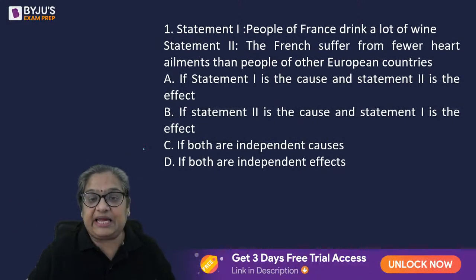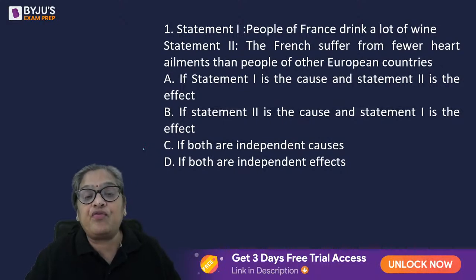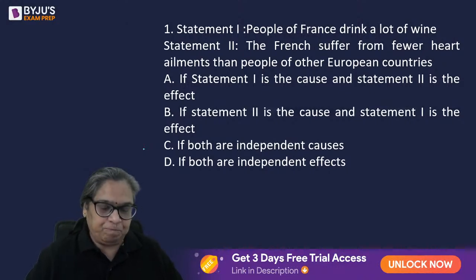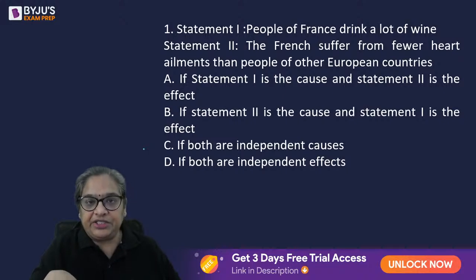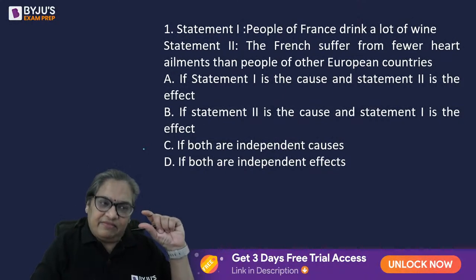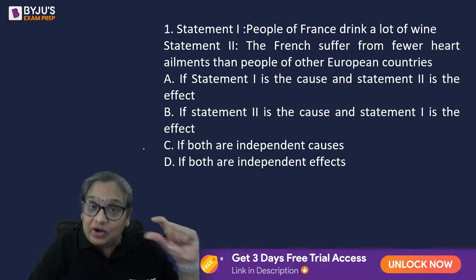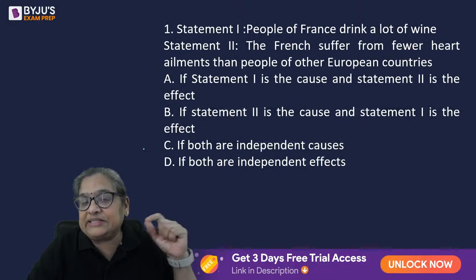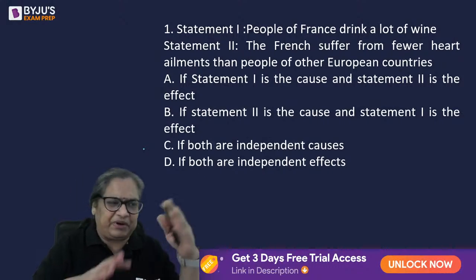One statement. Second, the French suffer from fewer heart ailments than people of other European countries. Now, some of you might have read that a small, moderate quantity of wine is actually good for the heart. It prevents blocks.